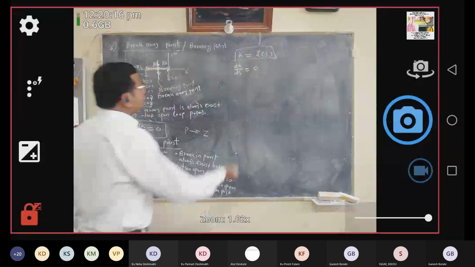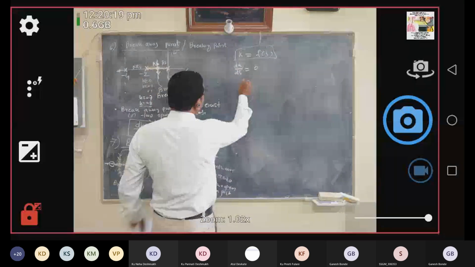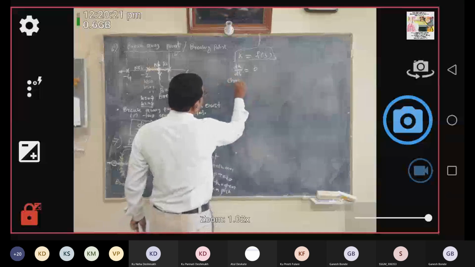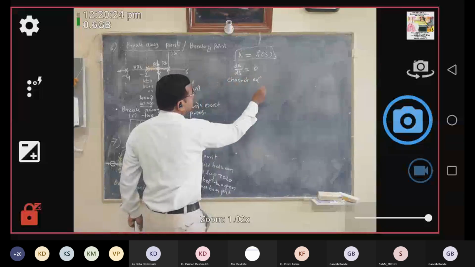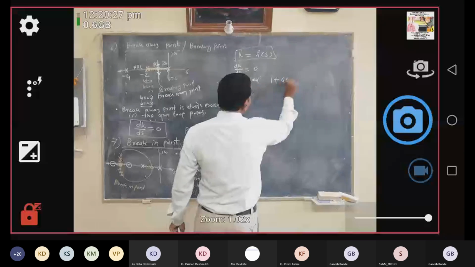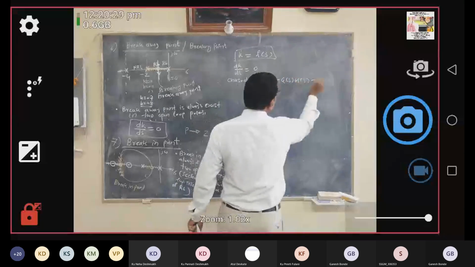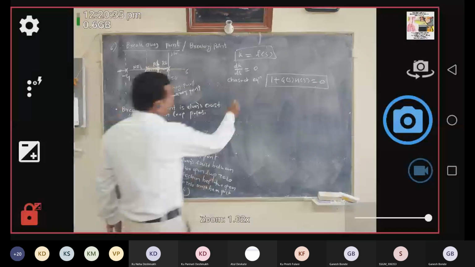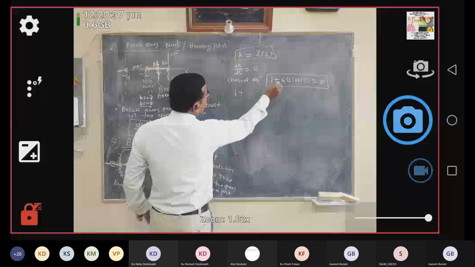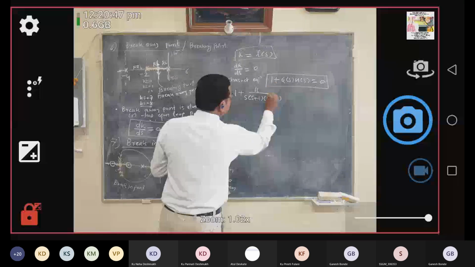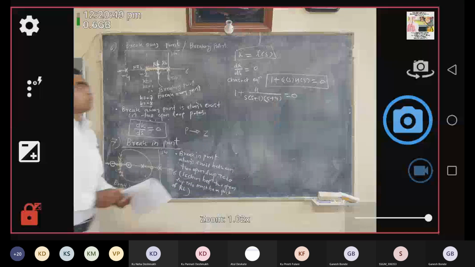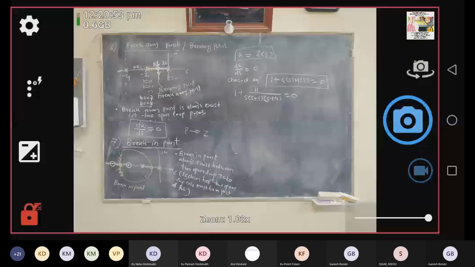Let's take an example. The characteristic equation is given by 1 plus G of s into H of s equal to 0. This is the generalized expression for the characteristic equation. Let's say G of s into H of s is k upon s into (s plus 1) into (s plus 4), equal to 0. This is the characteristic equation given to you, and you have to find the break in point or breakaway point.